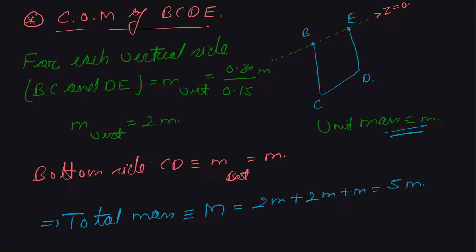So for our BC, let us assume that it is having a center of mass somewhere here, and we denote this as ZBC. And for CD, let us suppose the center of mass is somewhere here, and we denote it as ZCD. And for DE, it is somewhere here, and we denote it as ZDE. Okay.